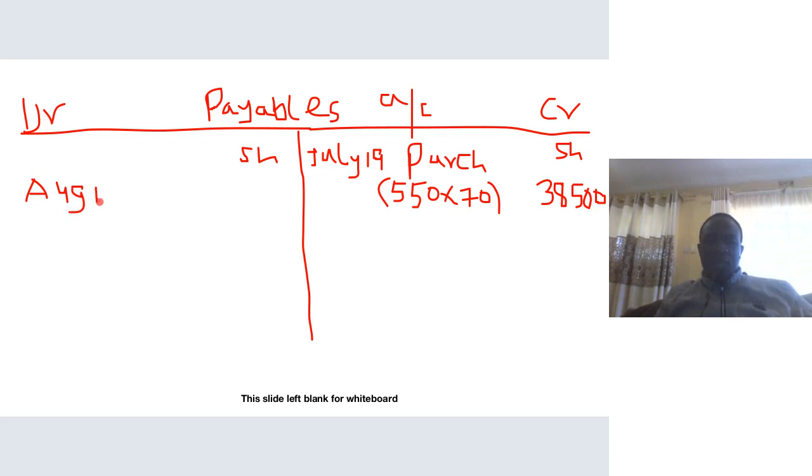So we have August 19 and August 19. In our details, we'll have cash. Then the amount we are settling, 200, we multiply that by the exchange rate, which was 80.1.